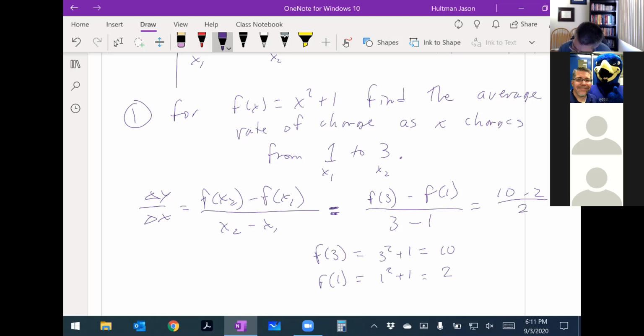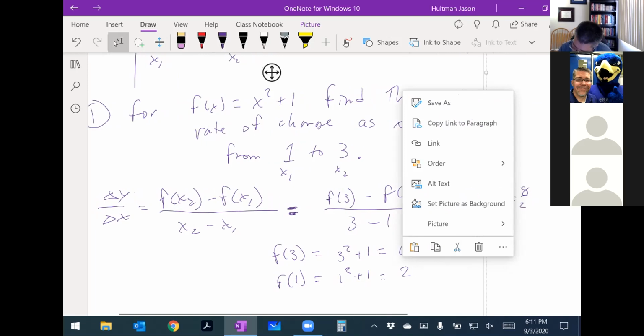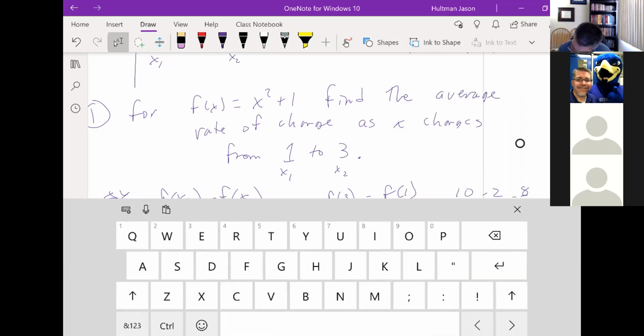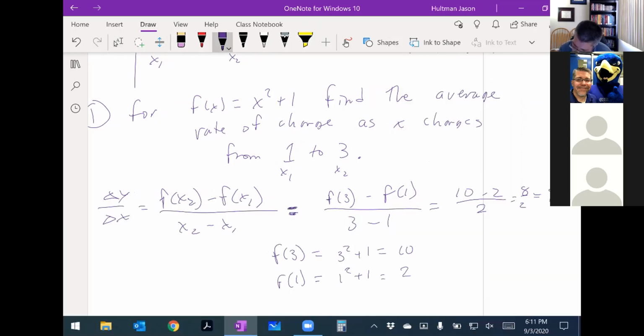That's 2. So this is 8 over 2, which is 4. You can think of it as 4 or 4 over 1. So the average rate of change here means that for every 4 units I go up, I go 1 unit over. That's the average rate of change.